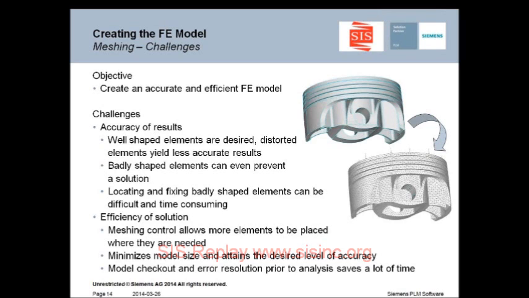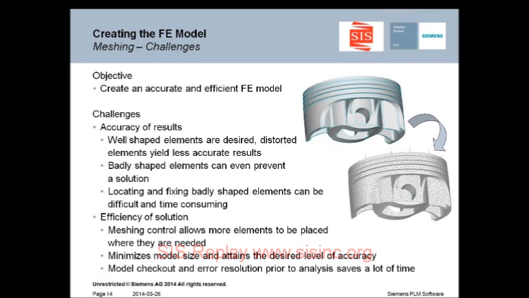Okay, so moving on to actually creating the mesh itself. The objective really is to create an accurate and efficient finite element model. And some of the challenges you might find at this stage: we're really looking at creating a mesh with well-shaped elements, because there's an accuracy consideration here. Distorted elements will yield less accurate results.